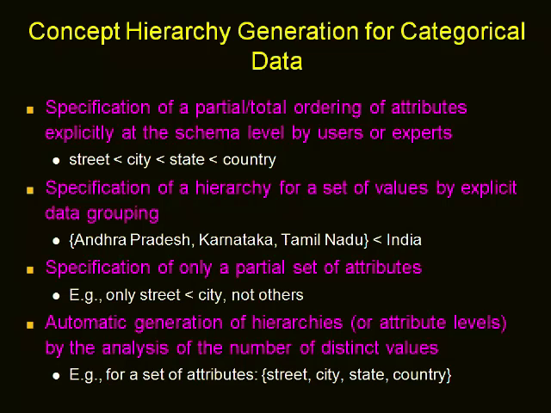For a set of attributes, street, city, state, country, we can analyze how many distinct streets, cities, states, and countries there are. By analyzing this, we can automatically generate a concept hierarchy.